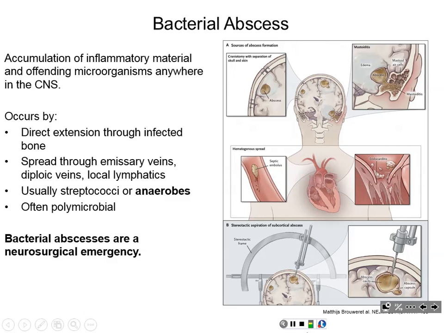Let's move on and talk about abscesses. So an abscess is accumulation of inflammatory material and offending microorganisms anywhere in the CNS. This occurs by usually direct extension or gets spread through hematogenous spread.